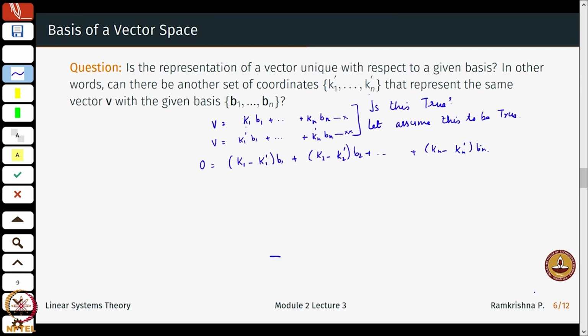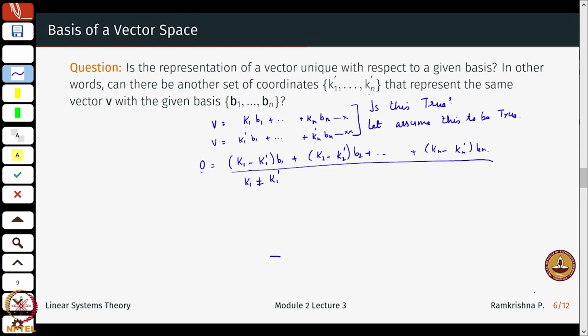Okay. Now, what do I know here is that if I assume this to be true, then k1 is not equal to k1 prime. Okay. Now, I have 0 here on the left hand side and a set of some new vector here, right, plus bn.